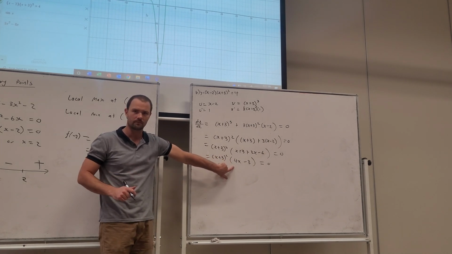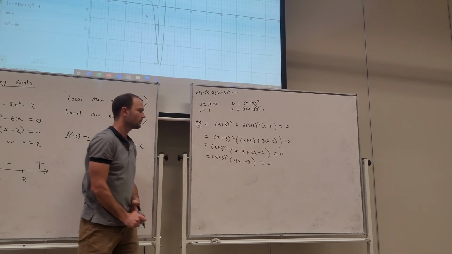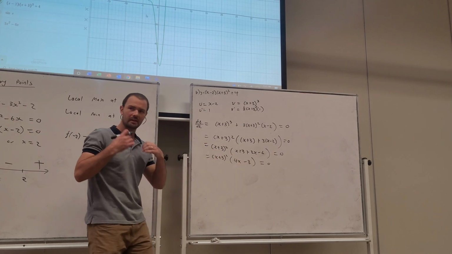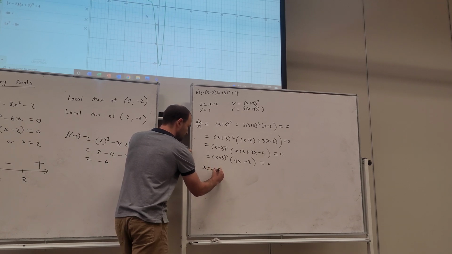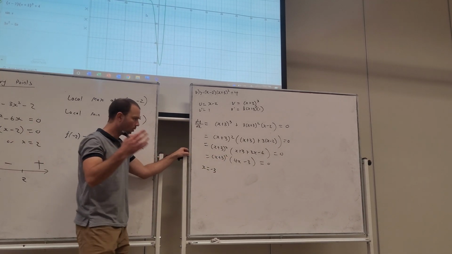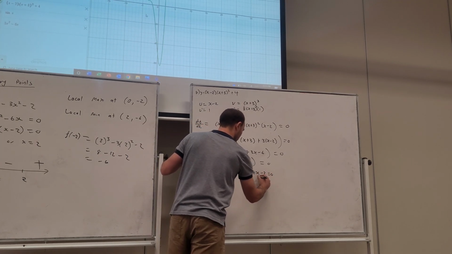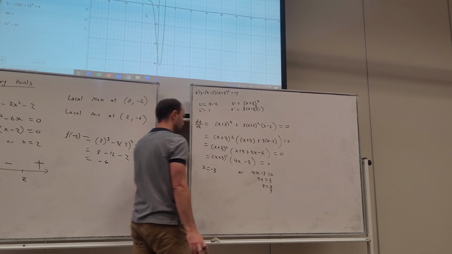Okay, that's the equation of the first derivative once we've simplified it. Okay, that's what it simplifies to. And now I want to know what values of x are going to make it equal to 0. And now I will apply the null factor law. Either x is minus 3, all right, and that's a double root because it touches at that point, or 4x take 3 is 0, 4x is 3, x is 3 on 4.